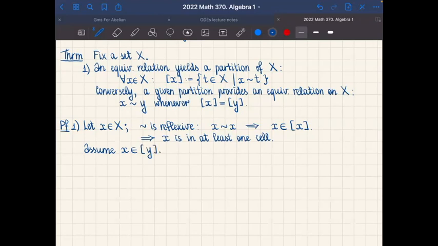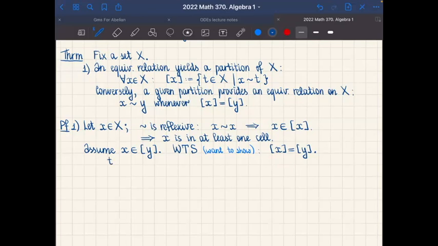Then we want to show that the cell defined by x coincides with the cell defined by y. In order to do this, I want to show that an element t lies in the left subset if and only if it lies in the right subset. Let me do this.